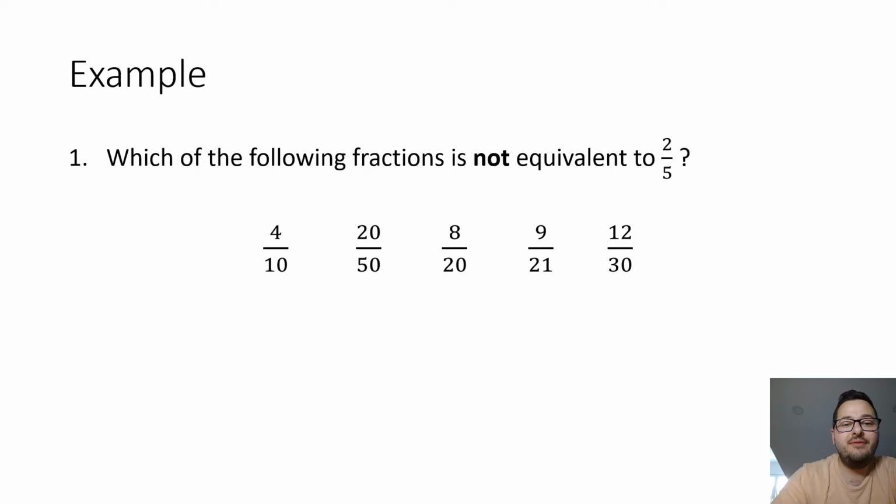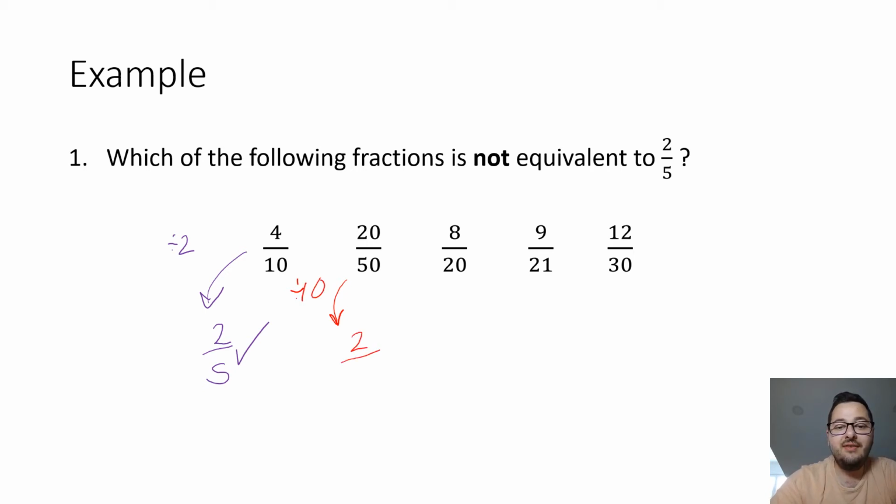Well, they're both definitely in the 2 times table, so I'm dividing by 2, and that's going to give us 2 over 5. So that's fine. The next one is 20 over 50. They're both in the 10 times table. 20 divided by 10 is 2, and 50 divided by 10 is 5. So that's equivalent to 2 out of 5.